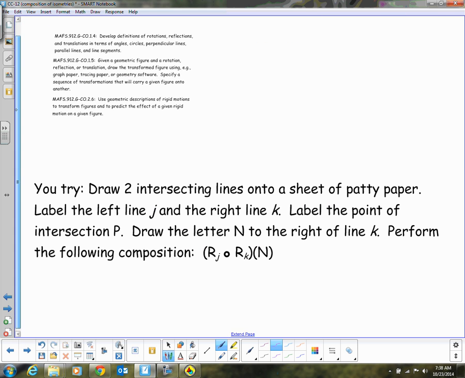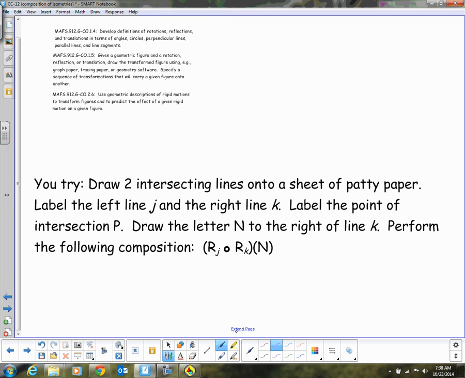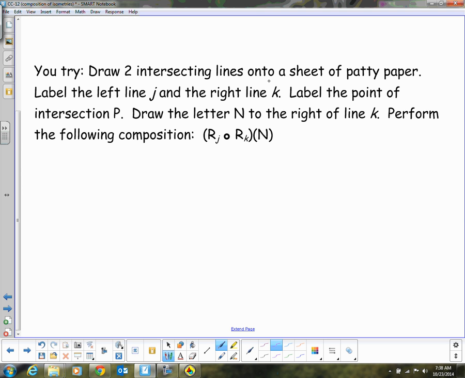So now you try drawing two intersecting lines on a sheet of patty paper. Label the left line J, the right line K. Label the point of intersection P. Draw the letter N to the right of line K and perform the following composition.